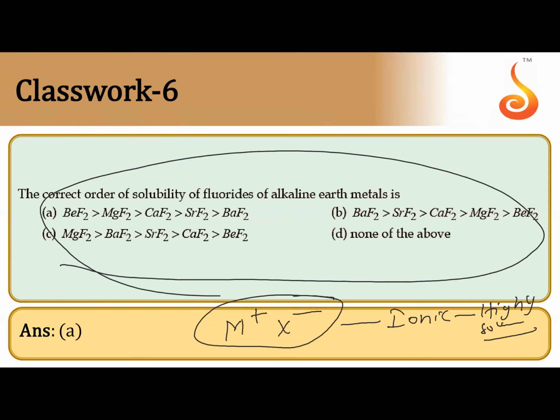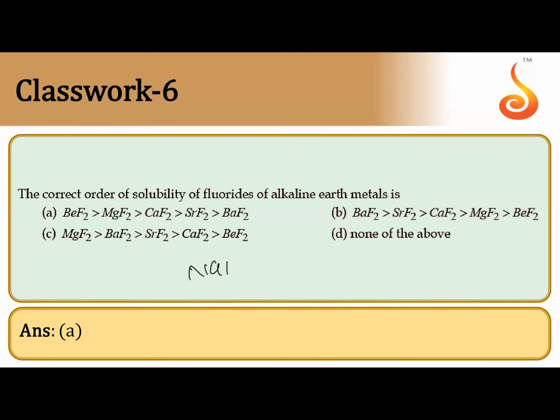Not only water, highly soluble in polar solvents. If this is covalent, then it is soluble in organic solvents. Understand? For example, let me take sodium iodide. Is it soluble in water or is it more soluble in ether?